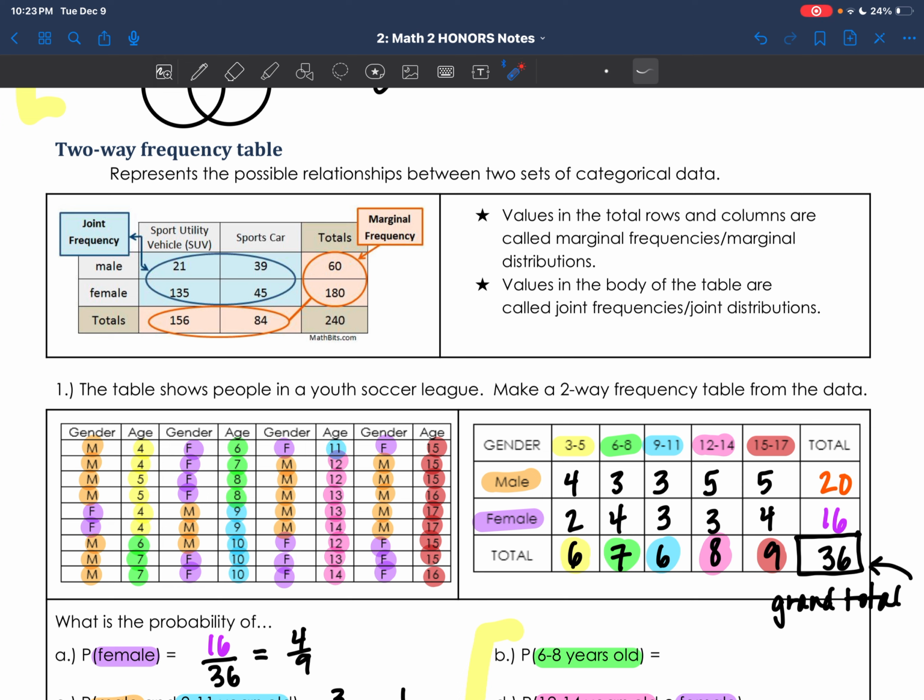So just a quick thing, your joint frequency would be all these numbers in here. Your marginal frequency would be the totals right here. And then, there you go. And then this is your grand total. So this would be the total number of people that voted or total number of events that occurred. So this is your grand total.